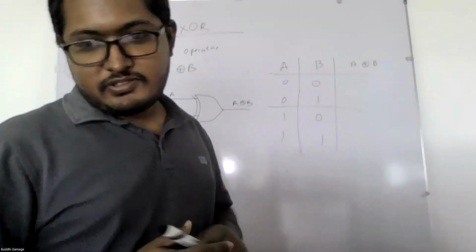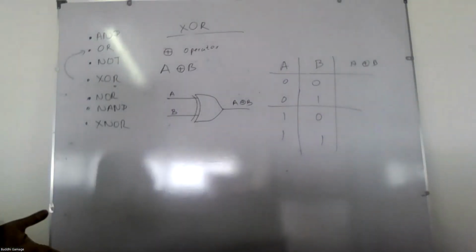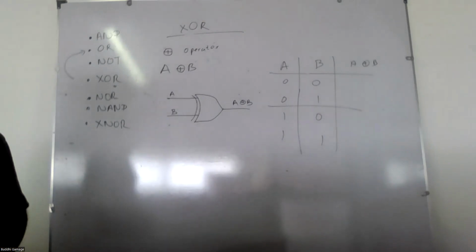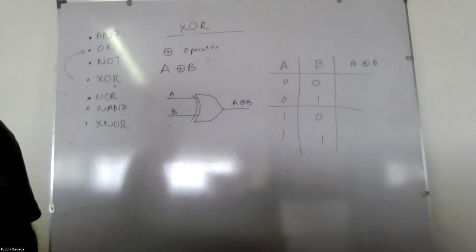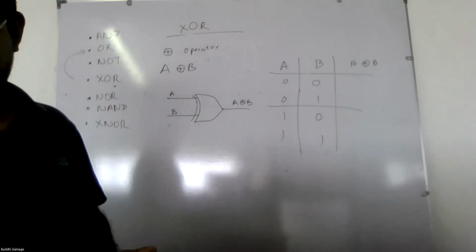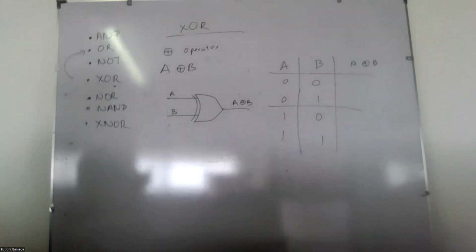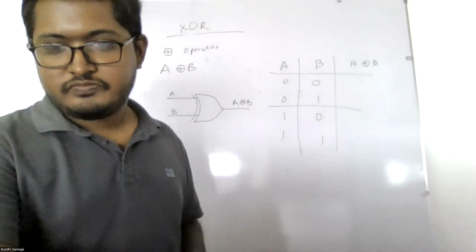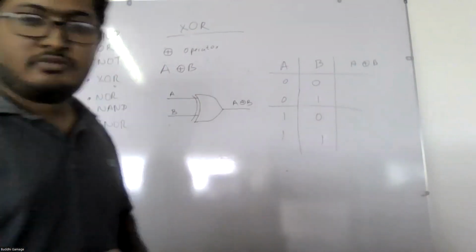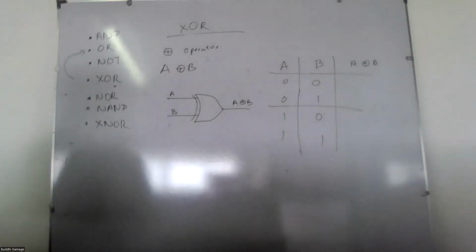What is the rule or logic behind the XOR gate? No one knows. It's something like this.